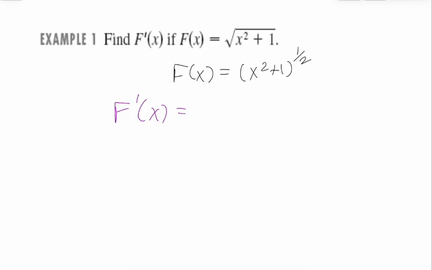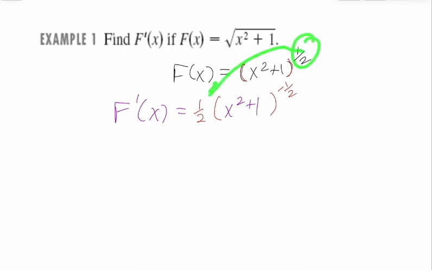Well, we're going to take the outside function, which is a power function, a power to the 1/2. We're going to drop the power down in front. Power goes down by 1. But our stuff just stays there. Okay, so we use the power rule. Let me show you again.